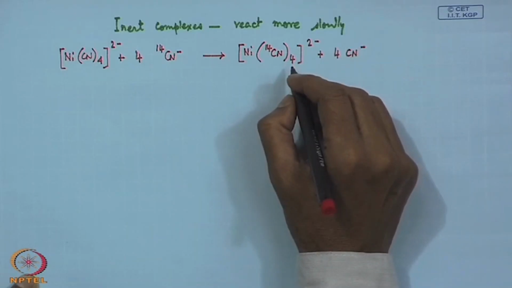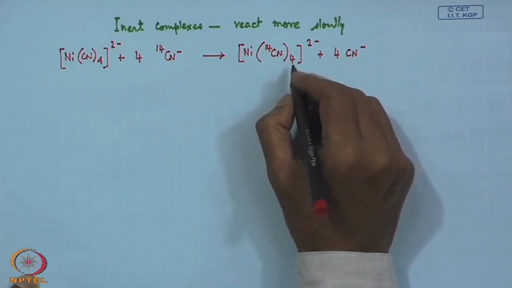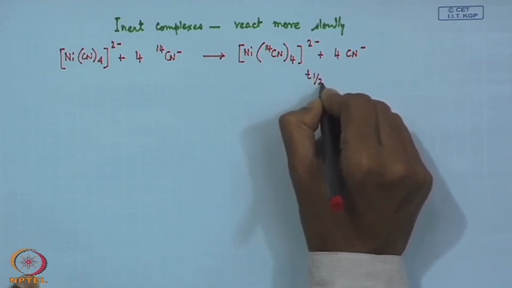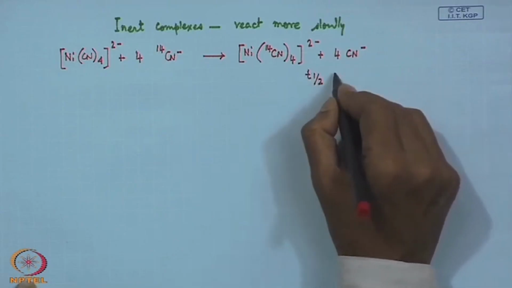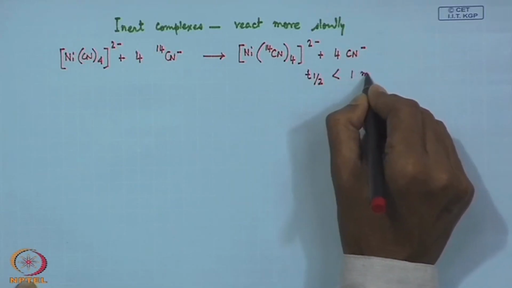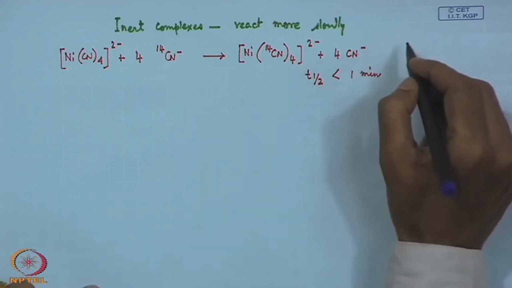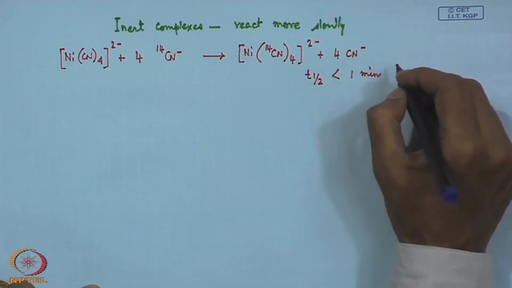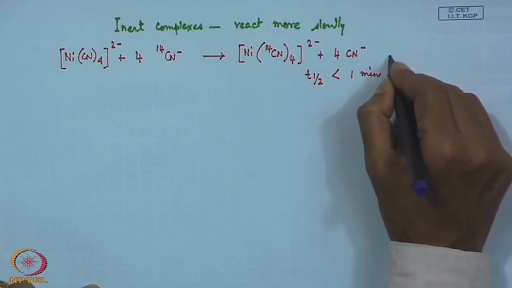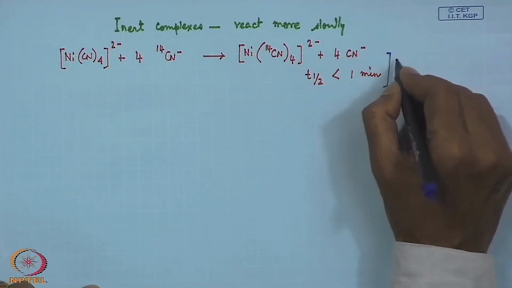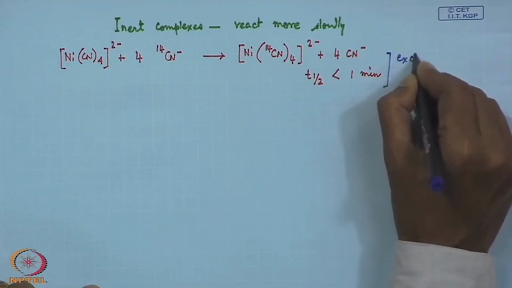And in this particular case, the half life as per Henry Taube's definition is less than 1 minute. So, this particular reaction is also very fast. The cyanide exchange is quite rapid.